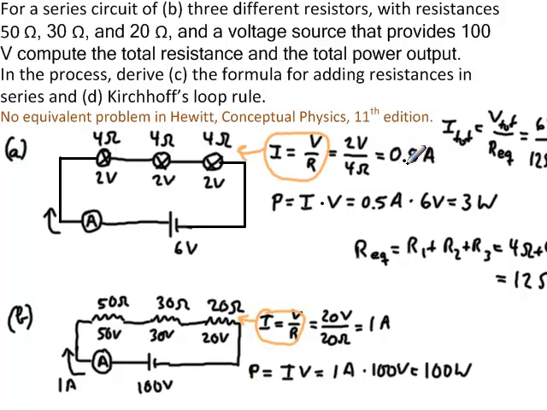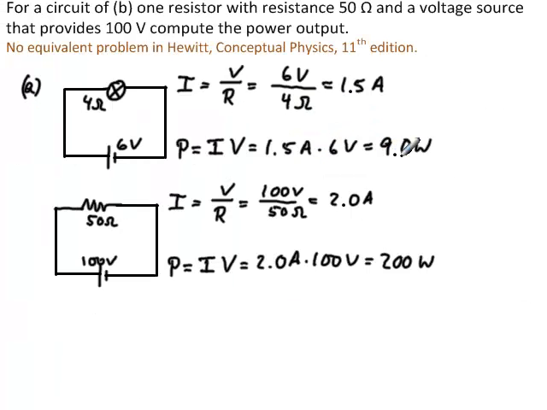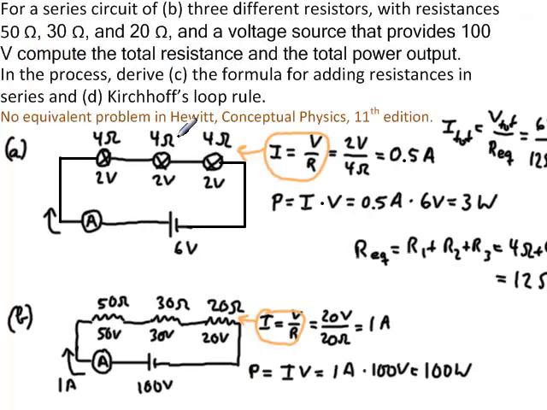So each one of them gets 1 watt, compared to the single light bulb that gets 9 watts. Same light bulb, same voltage, just one light bulb gets 9 watts. Here, these 3 have to share the 3 watts, which means each one of them gets 1. And that's what we saw in the simulation earlier, that with these 3 light bulbs in series, they're a whole lot fainter than if you just have one of them in there.